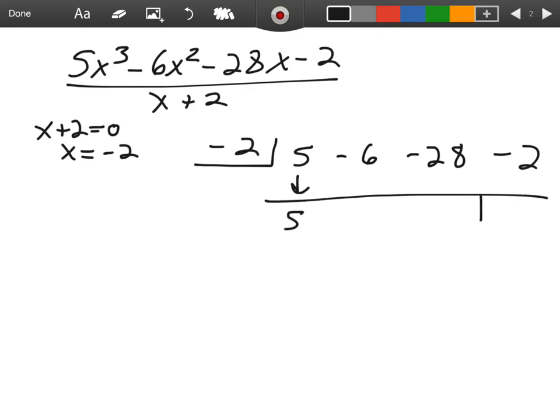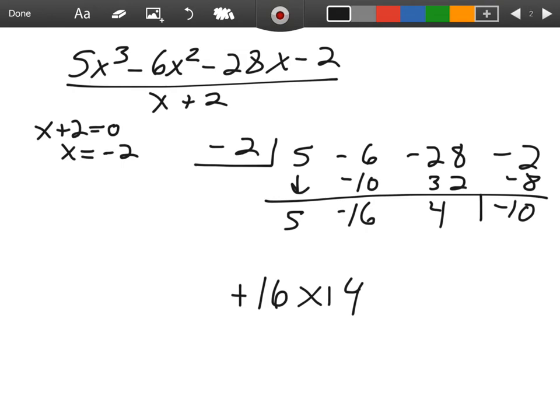Drop the first number down, multiply, then write out my answer. I have 4 as a constant, -16x as my x term, and 5x squared as my x squared term. Then I'd have my remainder over what I was dividing by. Okay?